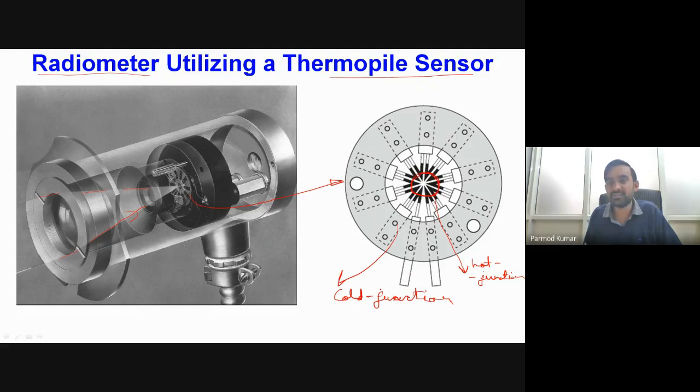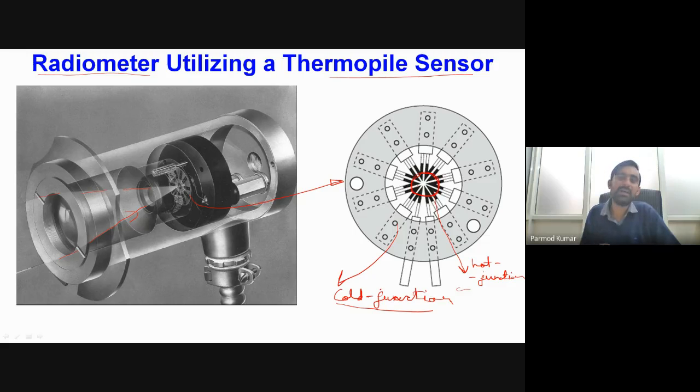Now we have some connections here, with the help of which we measure the value of EMF. If we maintain the cold junction at a fixed temperature, the EMF is a function of the temperature of the hot junction, and the temperature of the hot junction is controlled only by the radiative flux subjected to this junction.